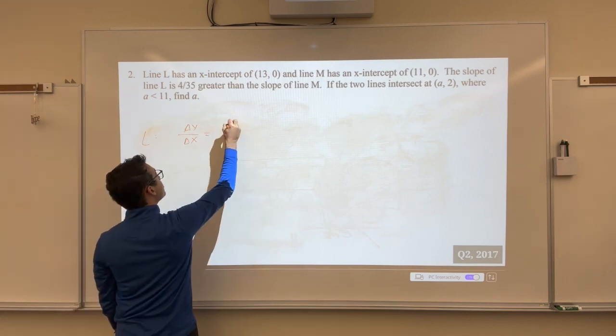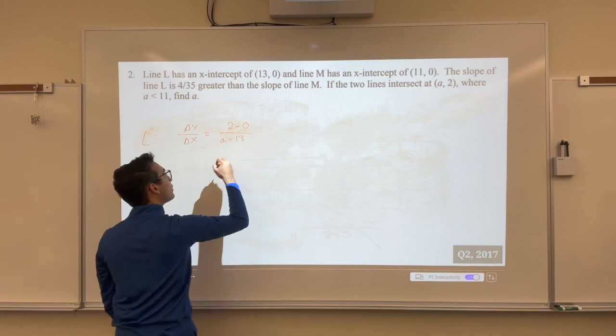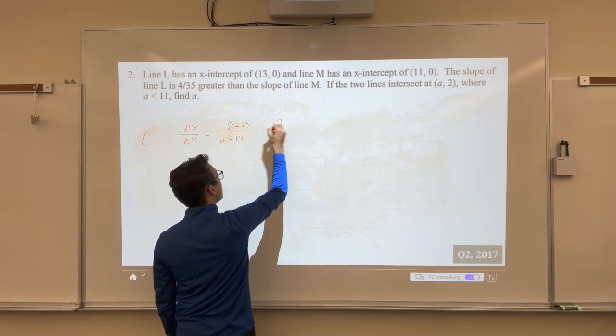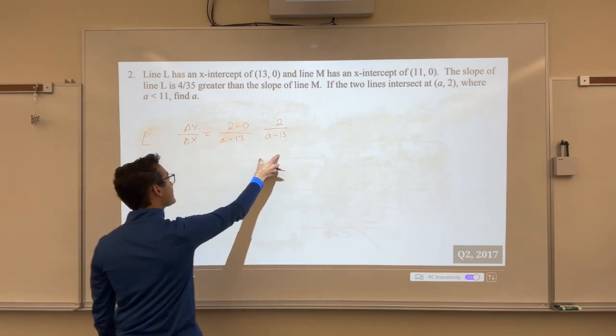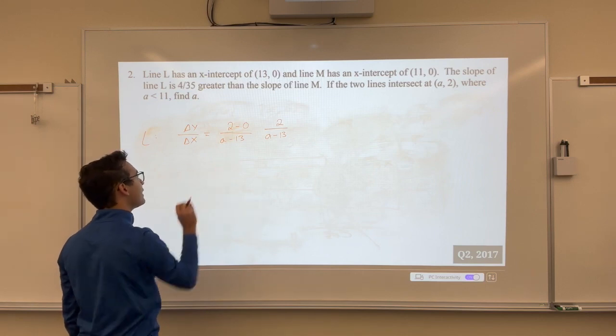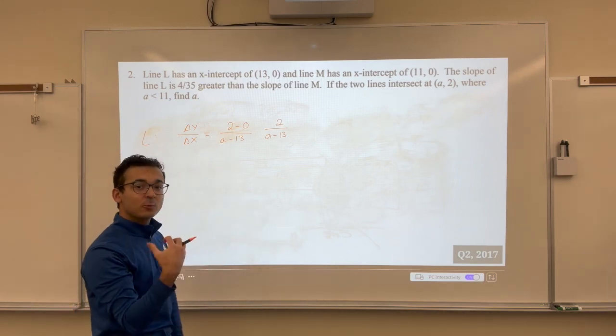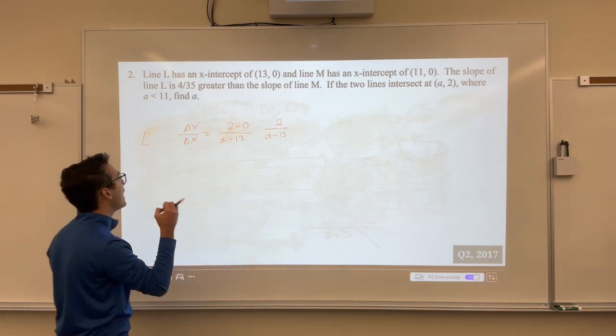So that would be 2 minus 0 over a minus 13, or just 2 over a minus 13. Now it tells us this value is 4/35 greater than the slope of line M, meaning that we have to add 4/35 to the value of M.